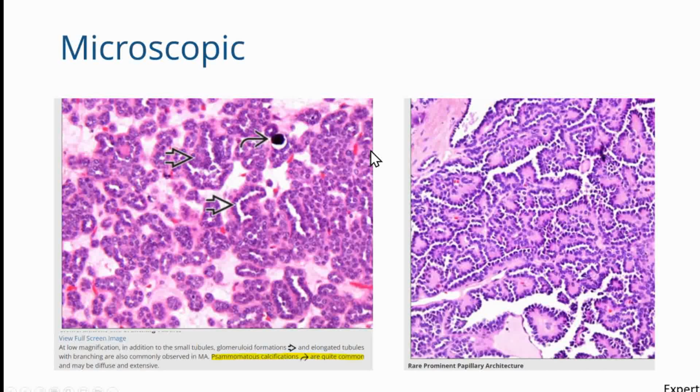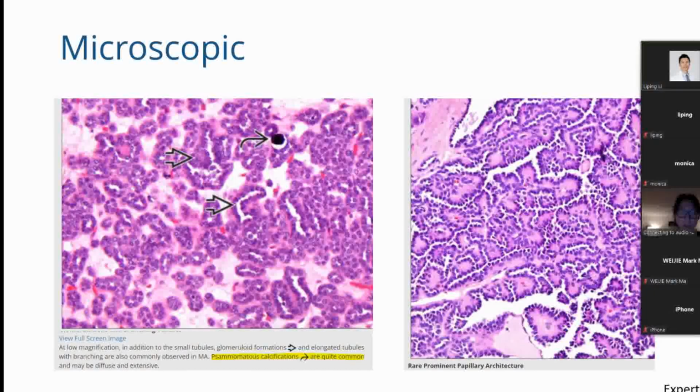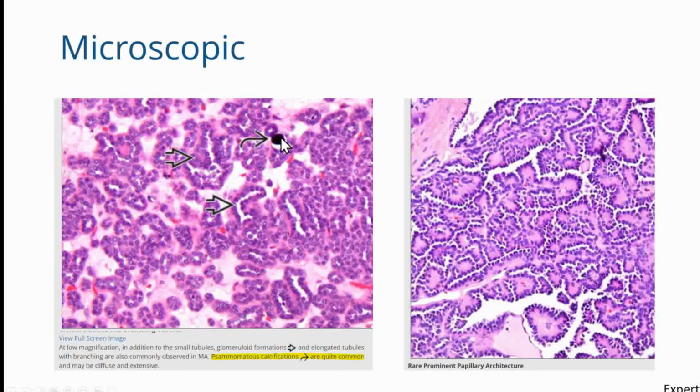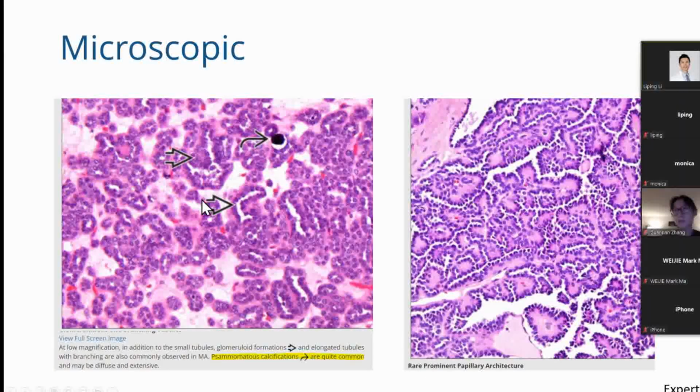You may see psammoma bodies in the ovary, and also in CNS tumors, such as meningioma. But the truth is that you can easily find psammoma bodies in any papillary structure. So don't let psammoma bodies trick you into thinking of another entity. Here we just show a papillary structure. Here again, we show the papillary structure.